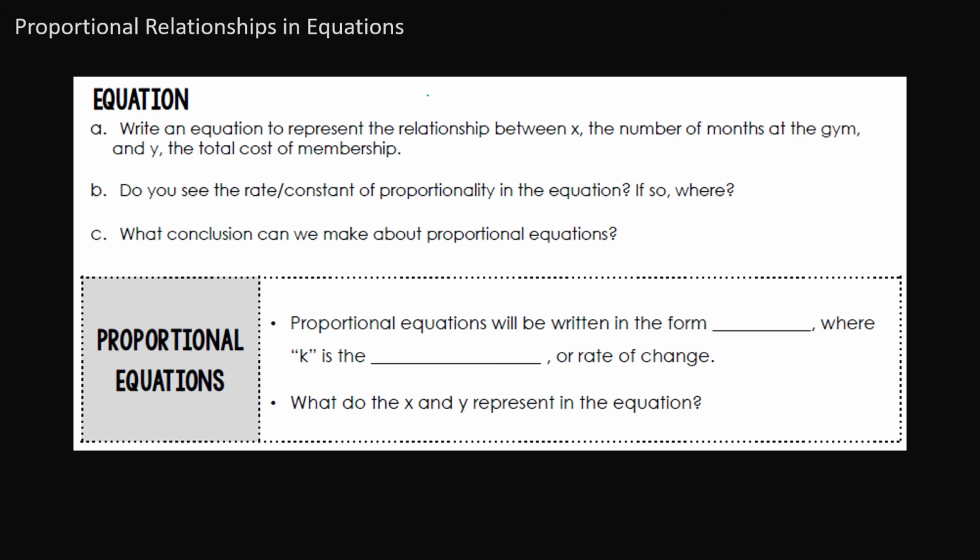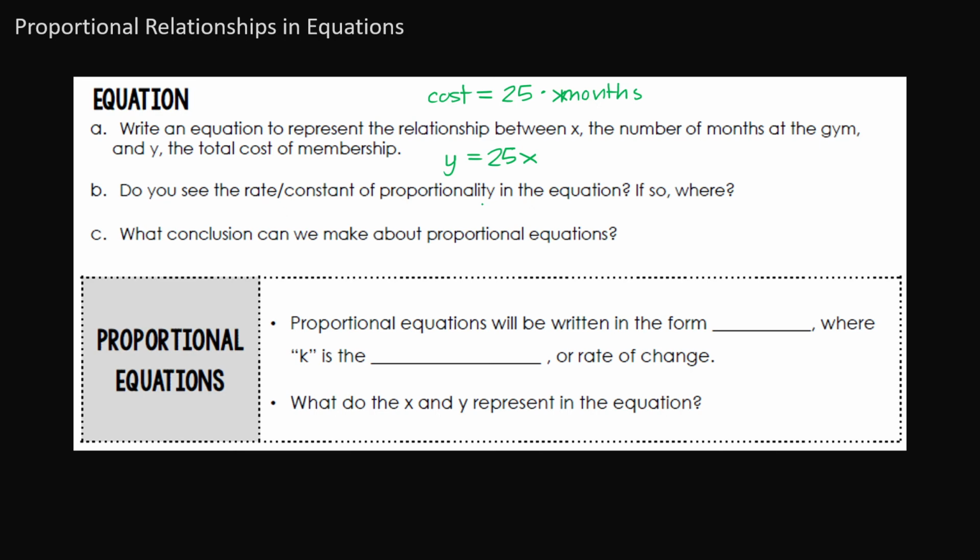So if I just write this without variables for a second, I know that the cost is equal to $25 per month, or 25 times x, so x times the number of months. I got a little ahead of myself there. I know that cost represents y, and months is represented by x. So it would be y equals 25x.